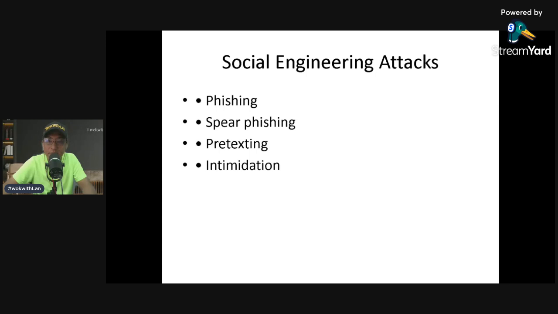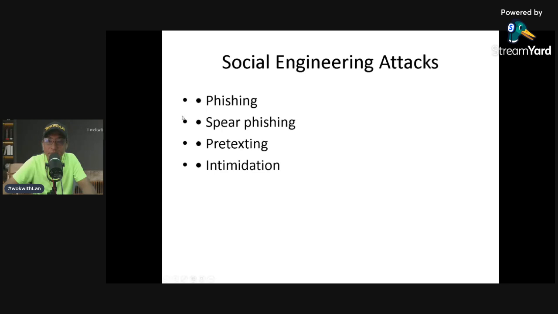The second one is spear phishing. This is phishing, a social engineering attack that targets specific users. For example, if they want to send this to senior executives, and they are able to victimize the senior executives, it could cause more harm to the company.